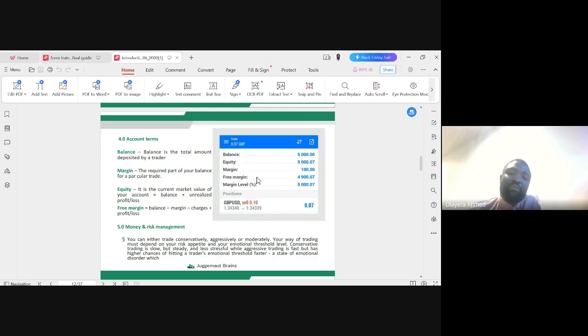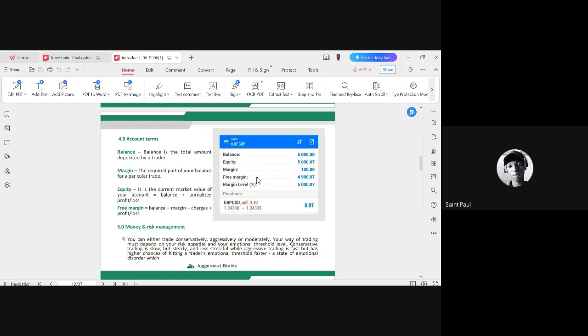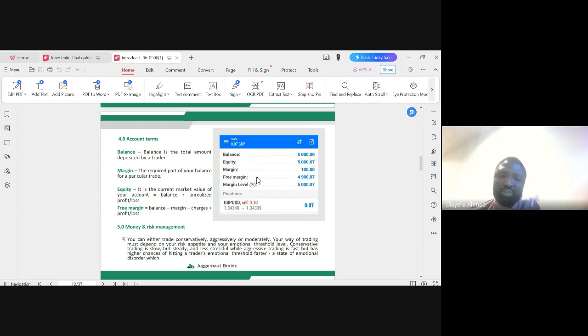Like I said before, I think I've mentioned this in the past, but if not, let me repeat it. When you go into a trade, margin is a part of your capital plus borrowed capital. That's what goes into the trade. The moment you lose your margin, that's when the broker will start taking money from your balance.